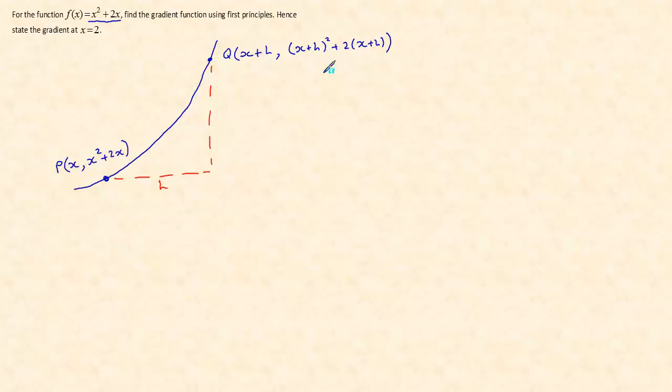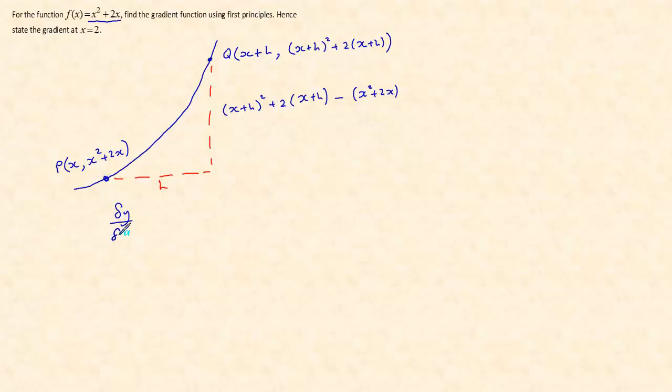Now this distance is the difference in the y-coordinates, so that would be x plus h all squared plus twice x plus h, take away x squared plus 2x.